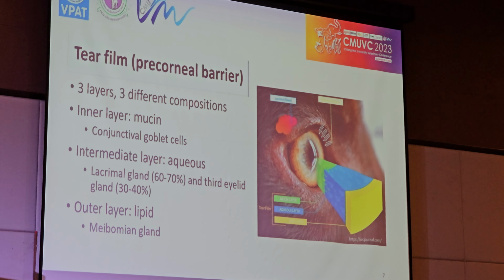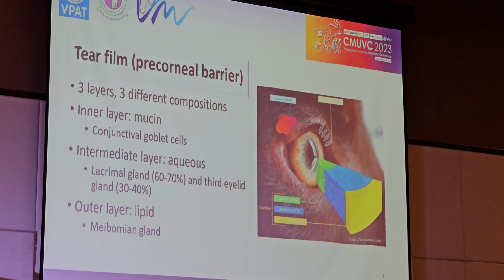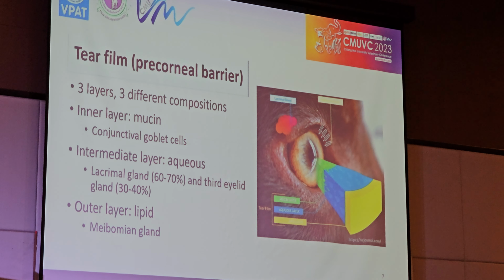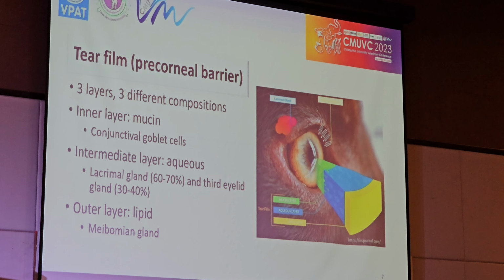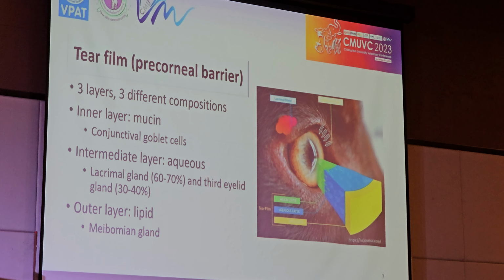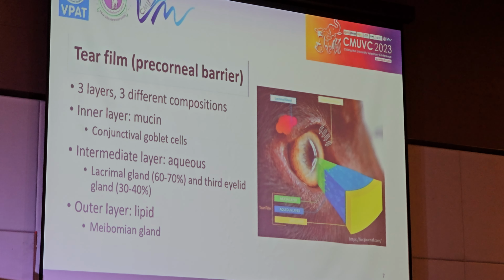The tear film is made up of three components. The inner mucus layer, in which the mucin is produced by the conjunctival goblet cells. This layer helps stabilize the tear film and adheres to the surface of the eye to protect the underlying epithelium against microbial invasion. The middle aqueous layer is the largest portion of the tear film.